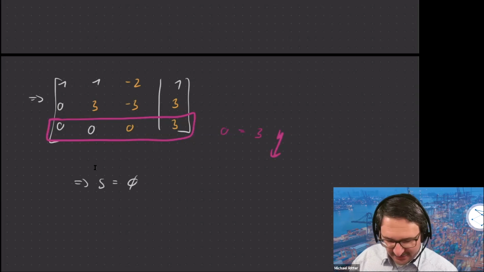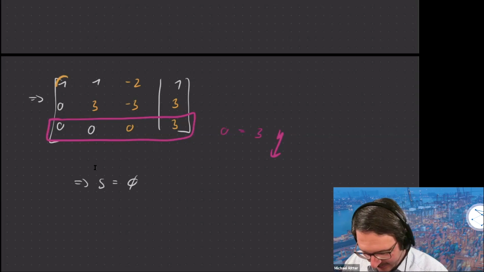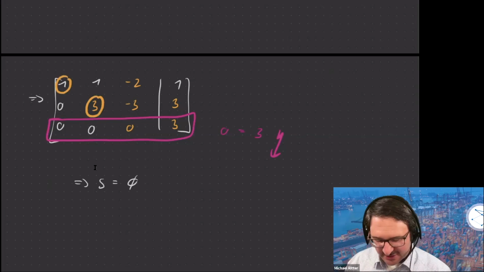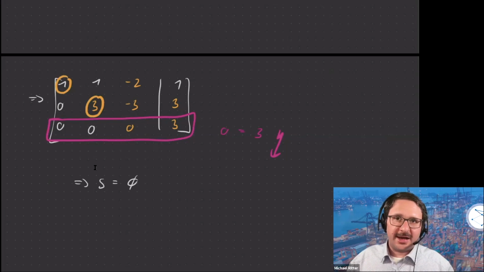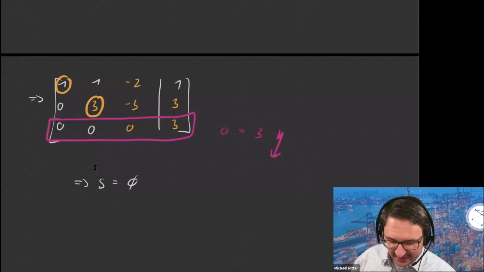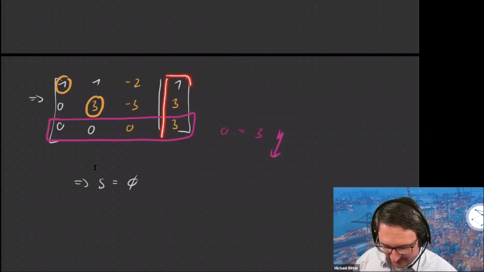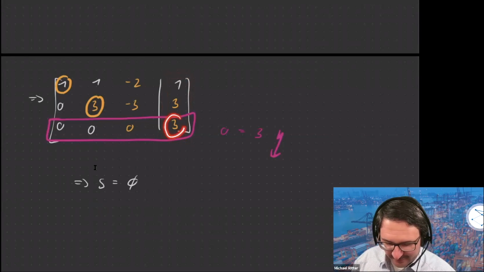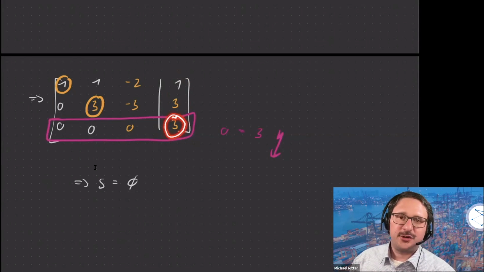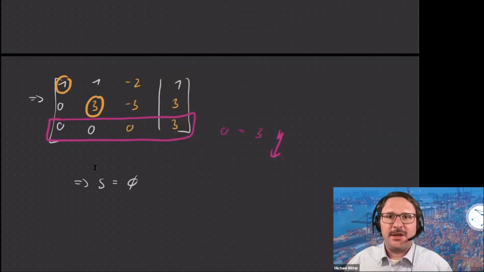So what you'll also see here is, in this case, we have these two pivot elements, but no pivot element in the last row on the left-hand side. So the rank of the system is now 2. And if I add the last column, then I get a new pivot element here. So that would change the rank to 3. And that is an indication that it cannot be a solution, right?